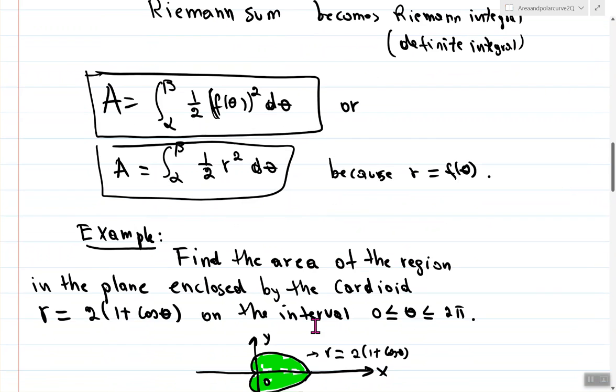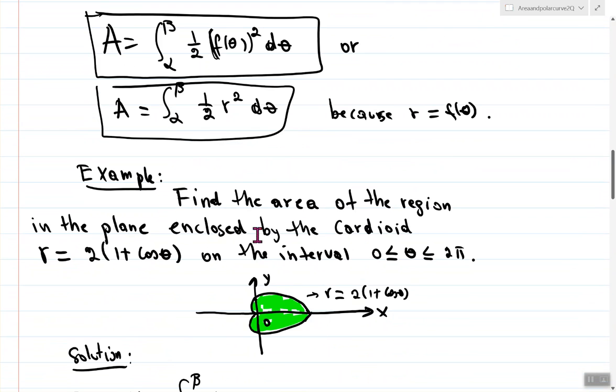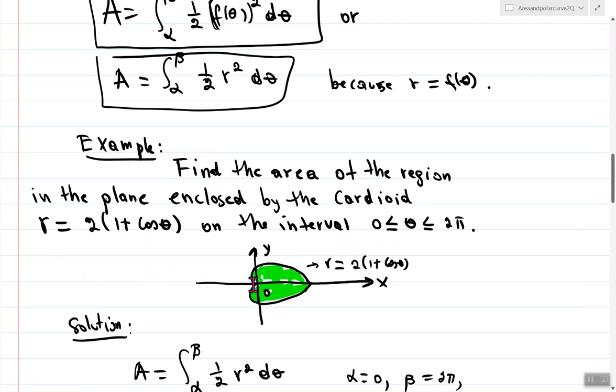For example, they ask you to find the area of the region in a plane enclosed by the cardioid r equals 2 times quantity 1 plus cosine theta, where theta is between 0 and 2 pi. So when you graph this polar curve from 0 to 2 pi, you're going to get this polar region.